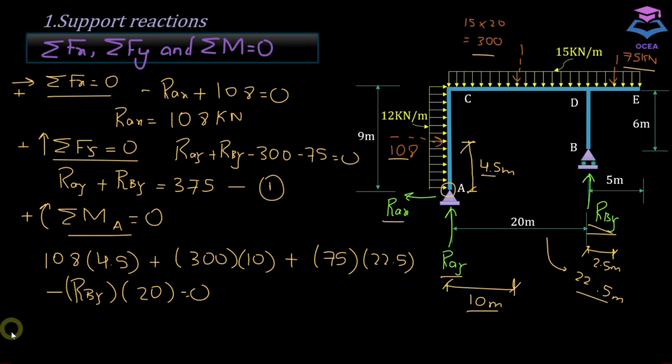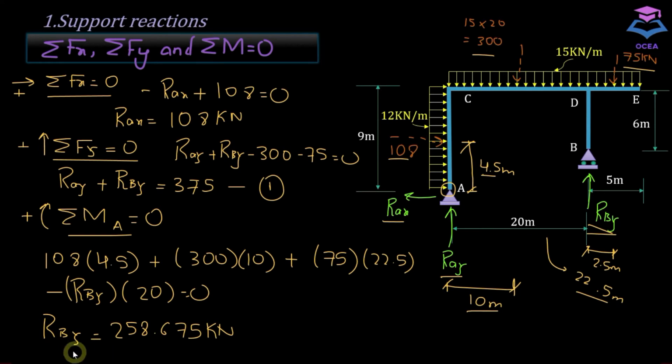If we simplify this, RBY is coming out to be equal to 258.675 kilonewton.